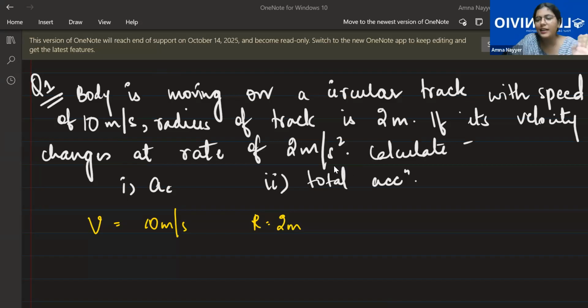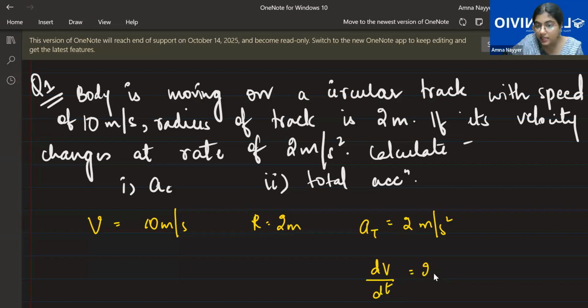Meter per second square, it can't be velocity, it will be acceleration only. Angular acceleration will have radian. It could be either centripetal or tangential. Now rate, it is because of the rate of change of velocity. That is the tangential one. So tangential acceleration is given as 2 meter per second square. Basically, the rate of velocity dv over dt is given as 2 meter per second square.